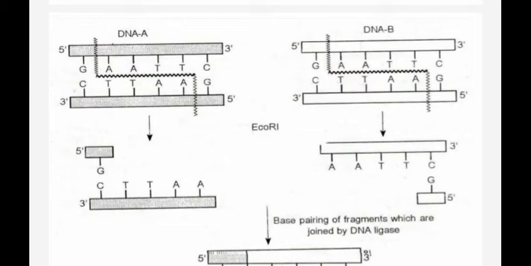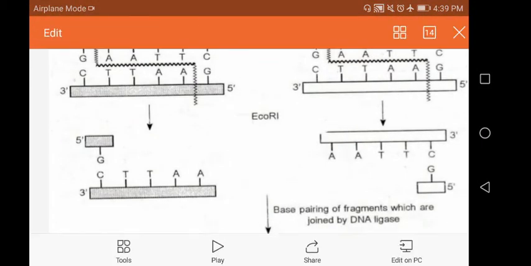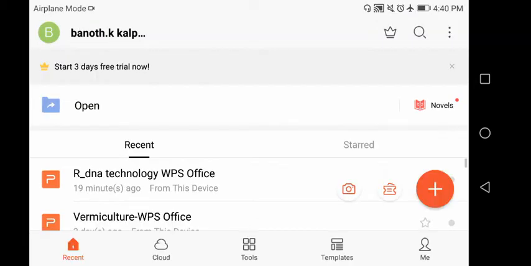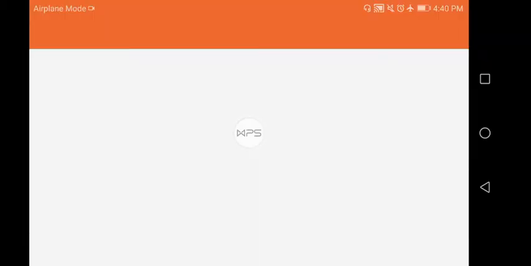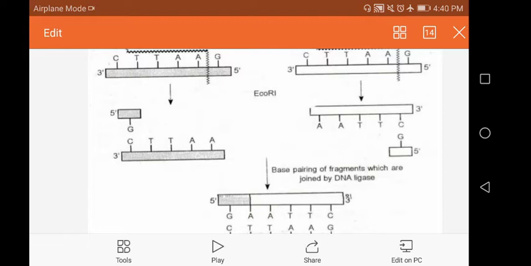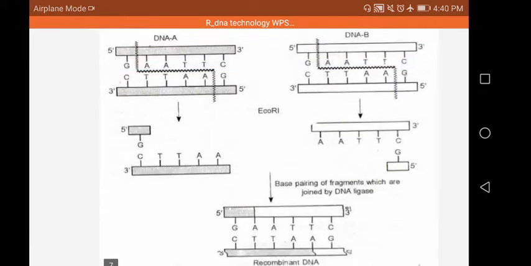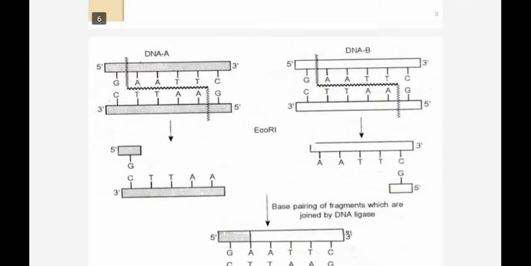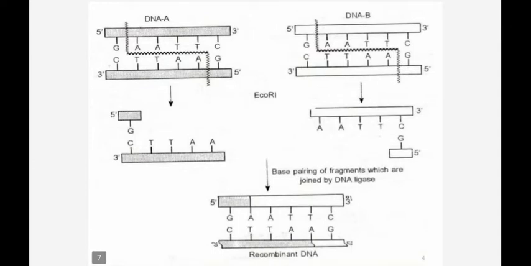Then here you can see in the diagram, first two DNAs are selected. See, DNA B and DNA A are selected. These are cut at specific sites with the help of restriction endonucleases.